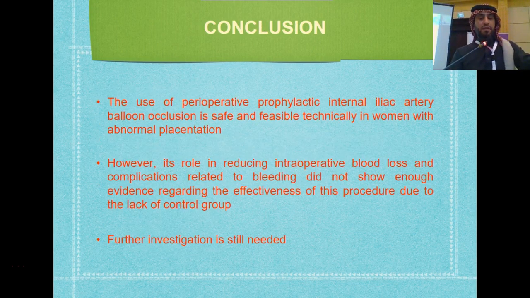So our conclusion is that as long as there is an interventional radiologist, and if you are dealing with abnormal placentation, it's highly recommended to use internal iliac artery ballooning, as it is safe and has a very low complication rate.